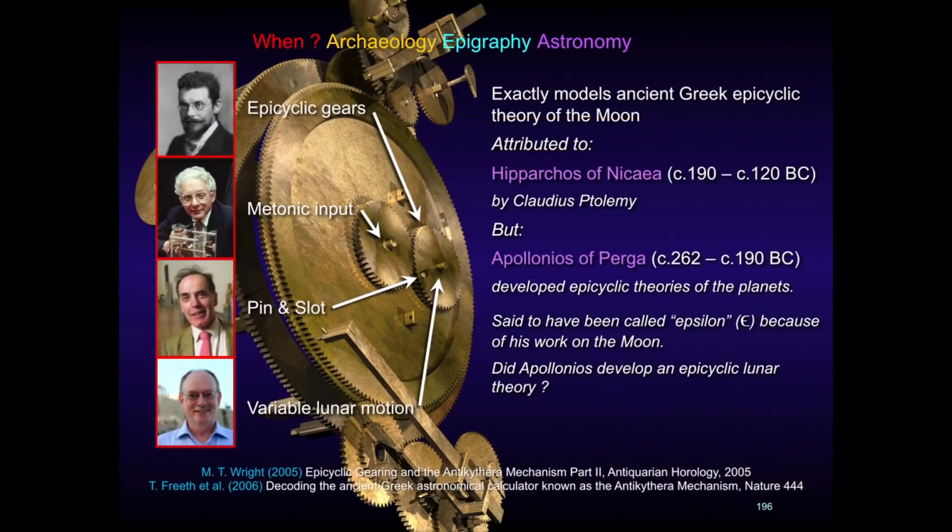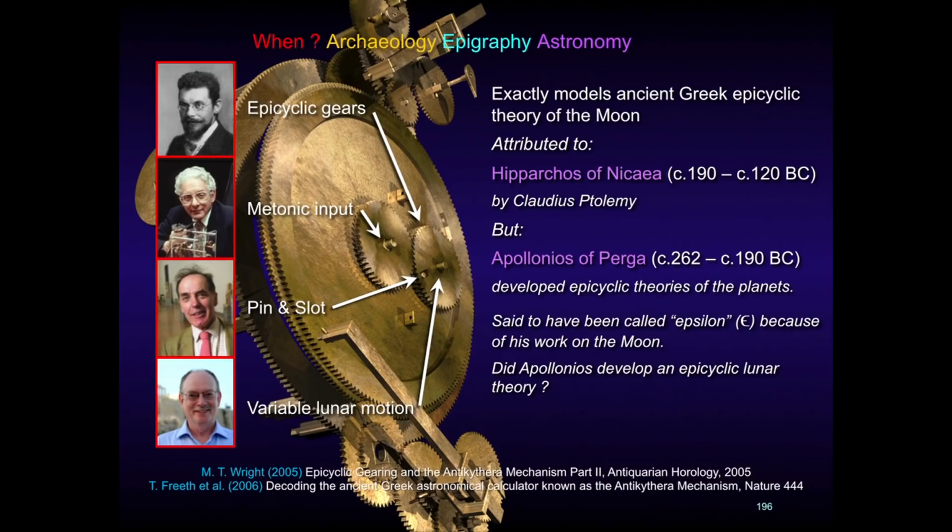But there's more in the astronomy than that. You remember that it took 4 generations of researchers to work out that the mechanism exactly models the ancient Greek epicyclic theory of the moon. And in the 2nd century AD, Ptolemy attributed the invention of this theory to Hipparchus of Nicaea, with those dates there.